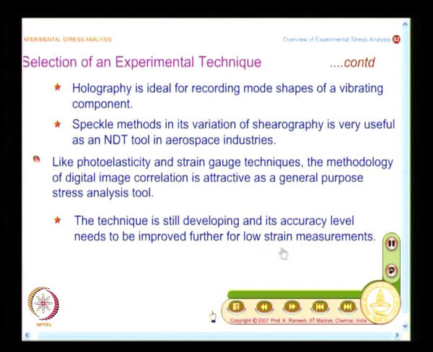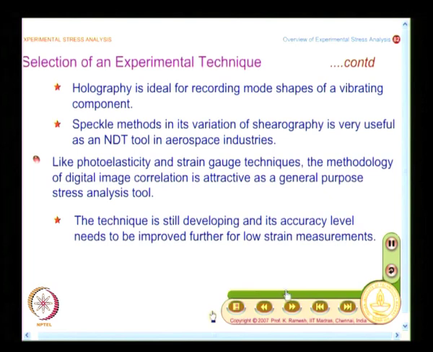Some time back the low strain limit was about 160 micro strain. Now people say you can go up to 50 micro strain. So, as the technology is improving, the capability of the technique to measure smaller values of strain is also improving, and this has great potential. If time permits, we would also have some discussion on image correlation as we go by.